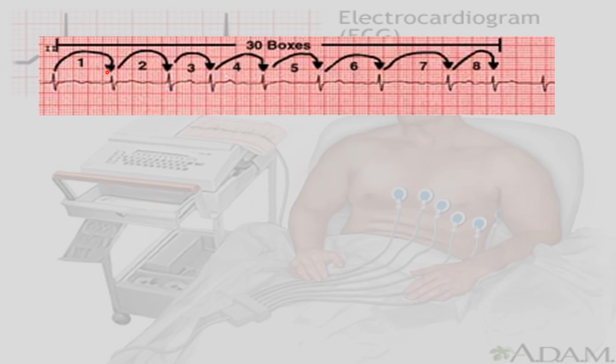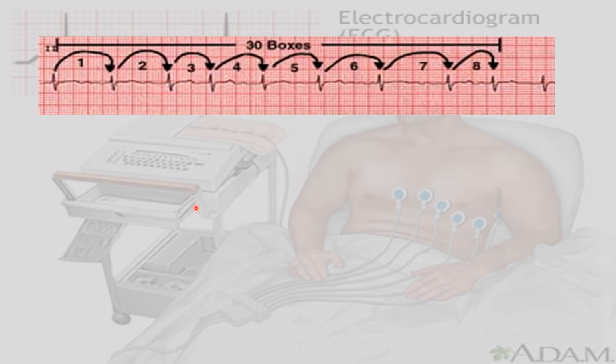So what if the heart rate is irregular? As we can see here, this space is not the same as this space, which is not the same as this space. There is considerable difference. So we cannot be sure which one we will take to calculate. So what we will do, easy, we will find how many complexes there are in 6 seconds.